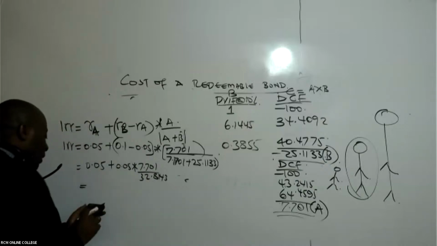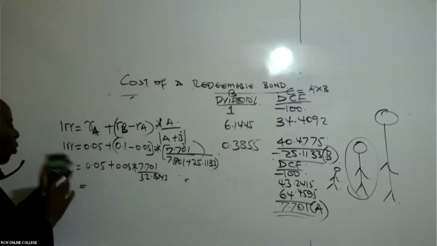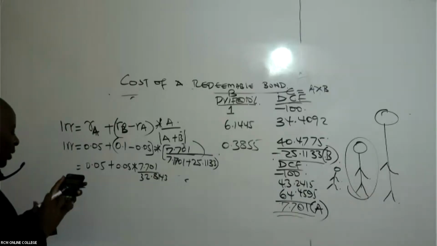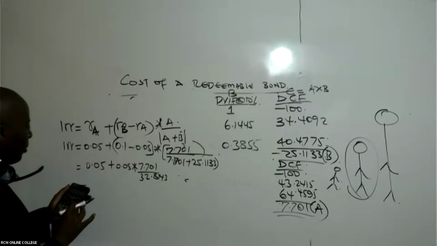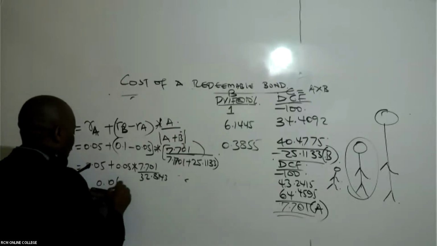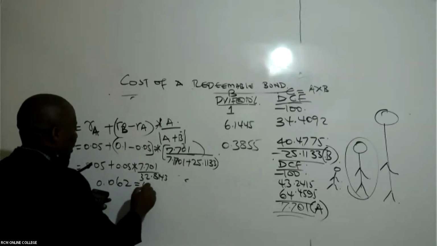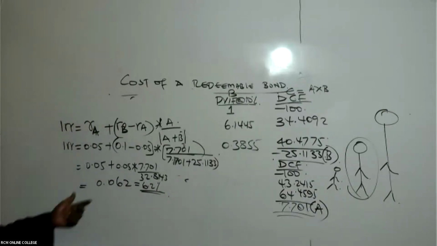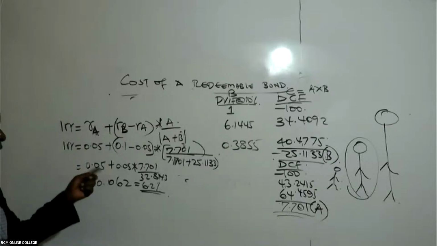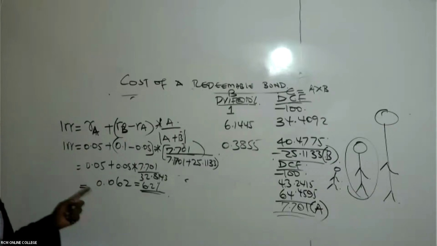If you have a good calculator, without pressing equals anywhere, you say 0.05 plus 0.05 times 7.701 divided by 32.8143, and then equals at the end. You get 0.062, which is the same as 6.2%.